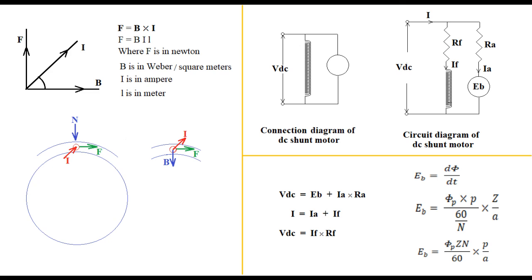Such an expression would represent the EMF induced in one conductor. Since we want to find the EMF induced in one of the parallel paths of the armature circuit, we have to multiply by the conductor count of one path. Therefore, we have to multiply by Z by A, where Z is the total conductors and A is the number of parallel paths.